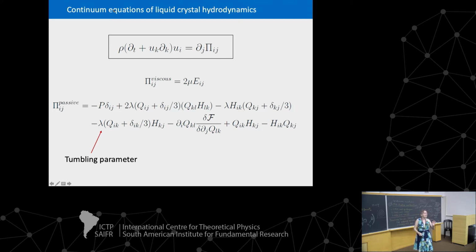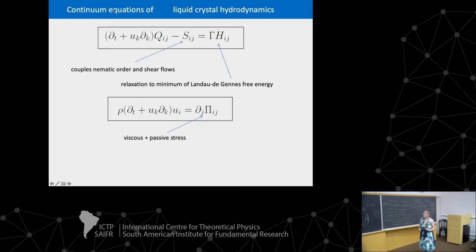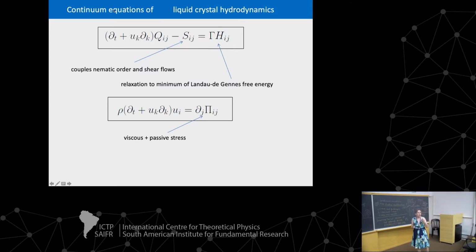So we understand how to write down these equations, and when you've been staring at them for about 5 years, you sort of work out what each bit is. And you can solve them. We solve them using Lattice-Boltzmann for the flow bit and finite differences for the Q bit. So that's just a summary of the continuum equations of liquid crystal hydrodynamics.